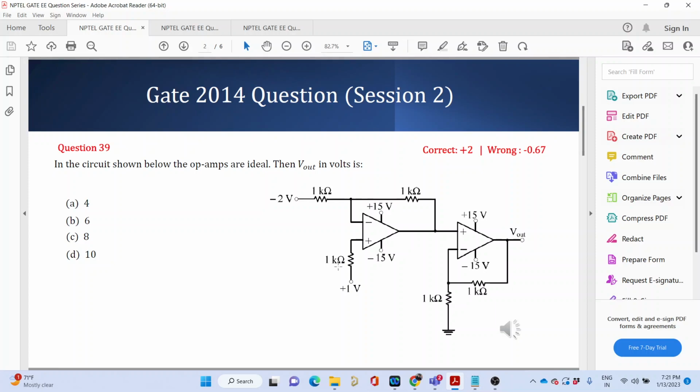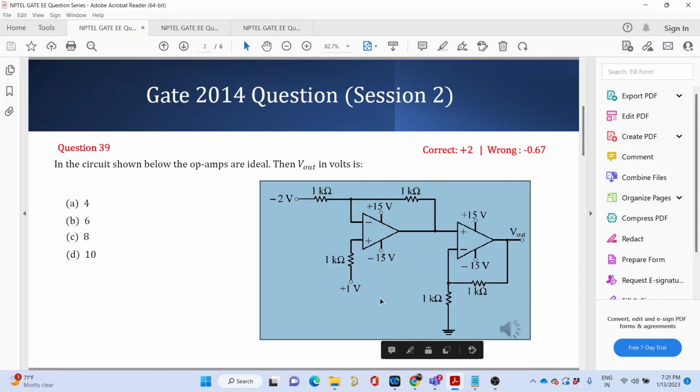Yes. It has been given that these op amps are biased at plus 15 volt and minus 15 volt. So I'm just not able to figure out what this biasing voltage has, what impact it has on the output voltage.